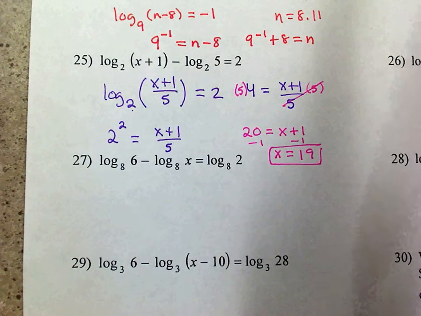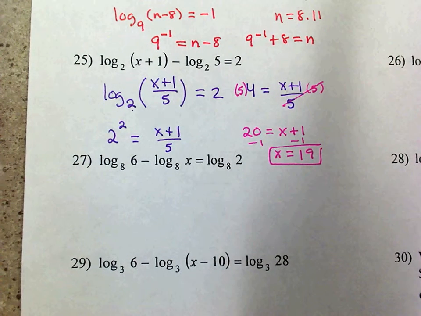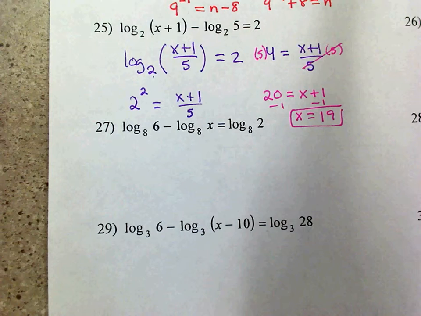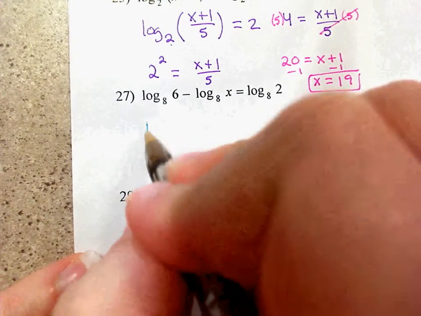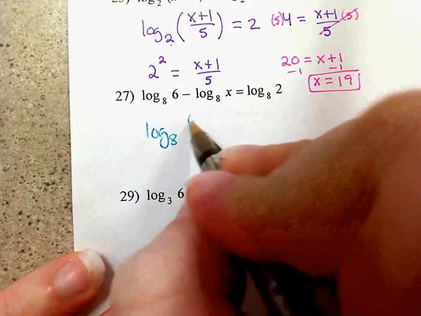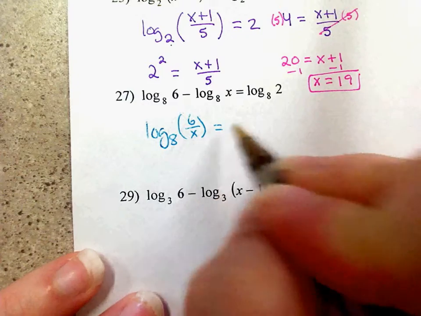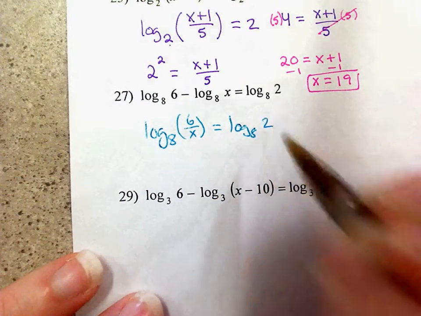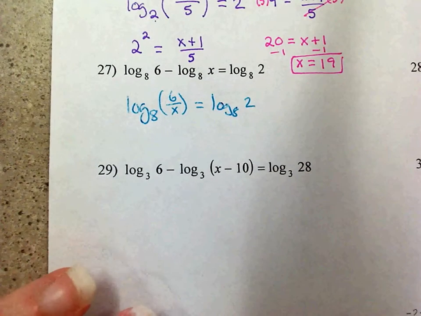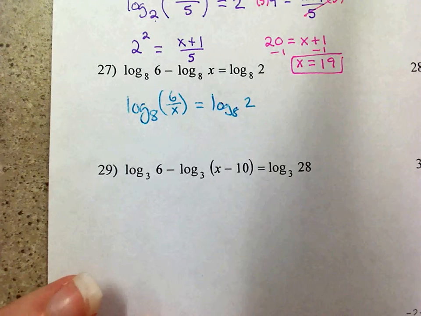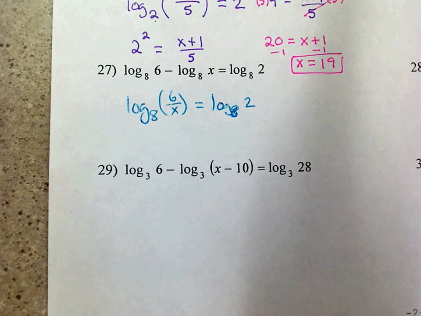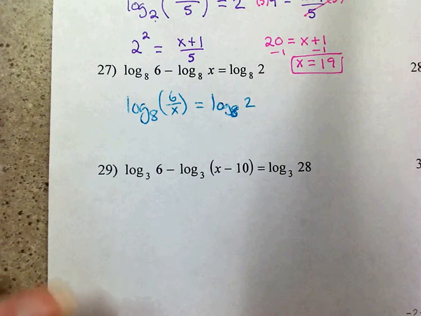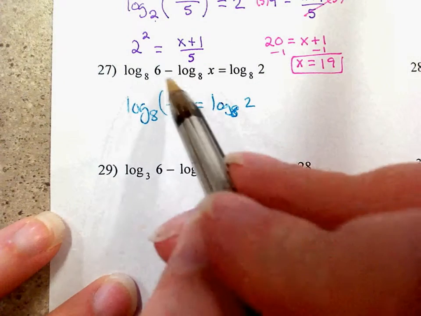All right. Now what shall we do? Combine those logs on the left-hand side? Perfect. So I'm going to combine these two. Log base 8 of 6 over x. Cancel out the logs? But I can't cancel them out right here, right?